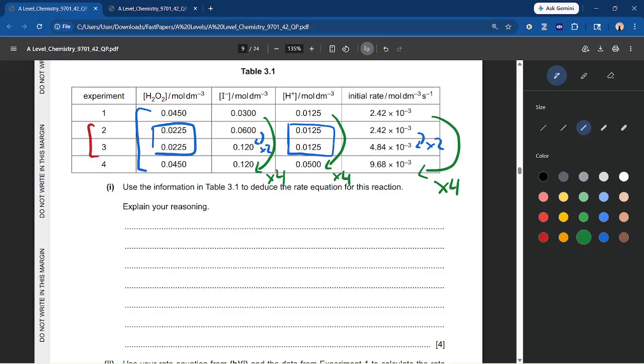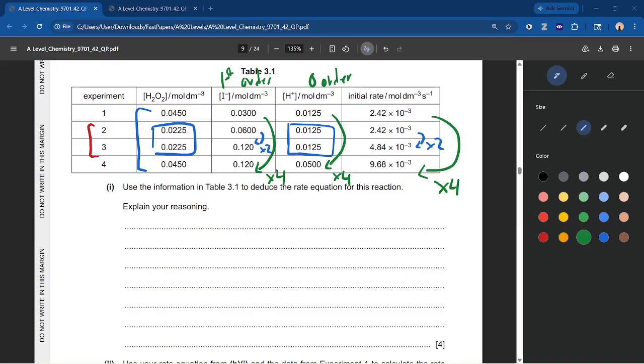So it's not increasing any further than that. Because we know that iodide is already first order, and the amount of hydrogen ions isn't changing the rate of reaction any further, we can conclude that hydrogen ions are zero order. And for iodide, we're just going to write first order over here. So that was a very interesting observation, right?